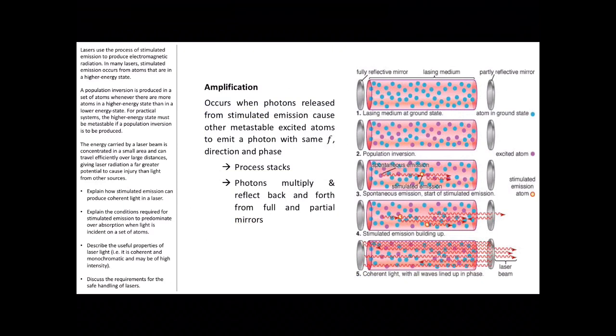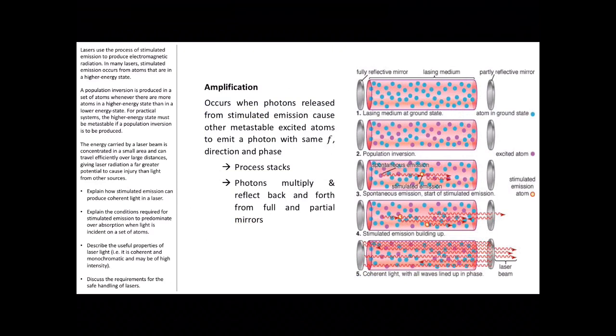So in our image here, this represents the whole process that we've been discussing. In the first image, this demonstrates a gain medium in its ground state. So all of the atoms are in their ground state. Then you get population inversion with the majority of the gain medium atoms becoming excited.